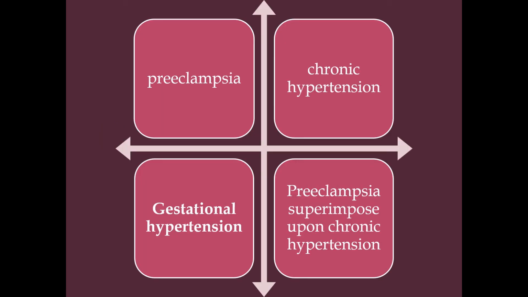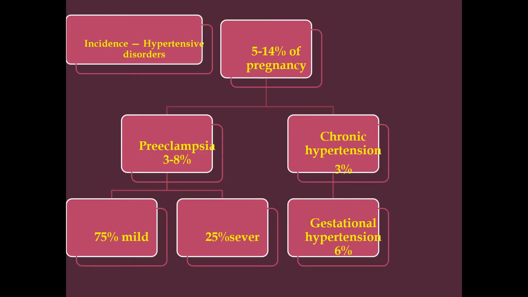Hypertension in pregnancy can be presented as preeclampsia, chronic hypertension, preeclampsia superimposed on chronic hypertension, or gestational hypertension. By looking at the incidence of hypertensive disease in pregnancy, you will find that 5 to 14% of pregnancies present with one of the hypertensive disorders.